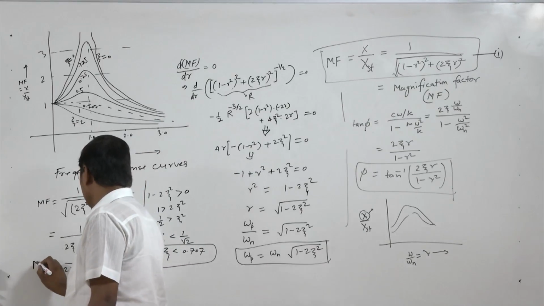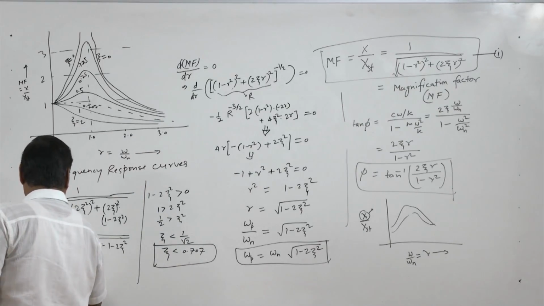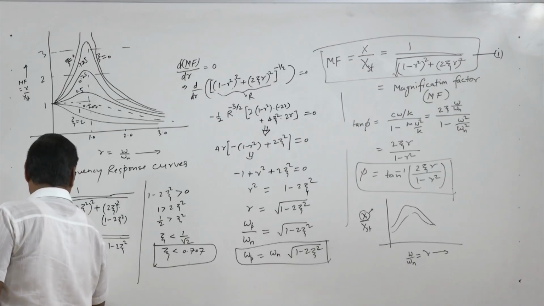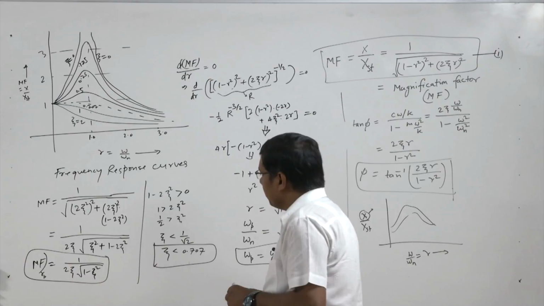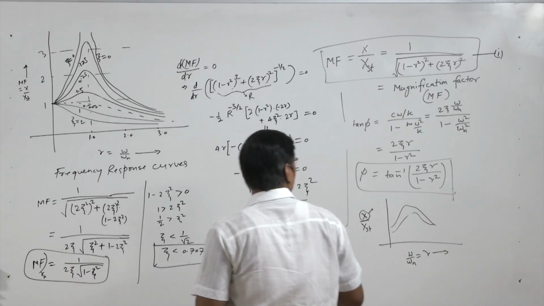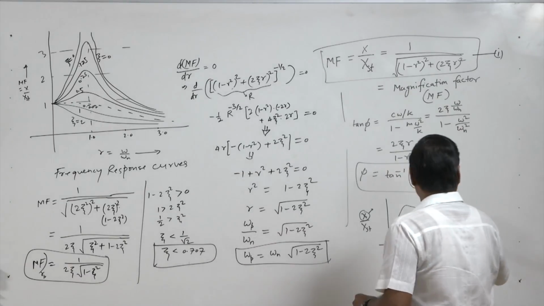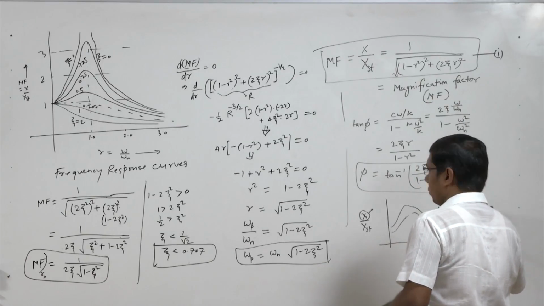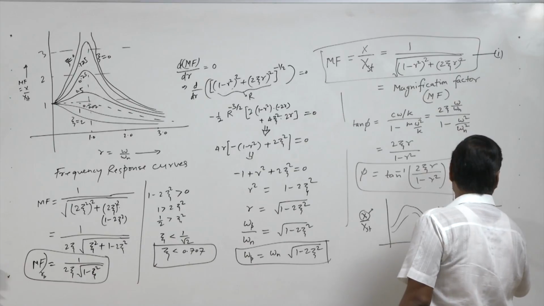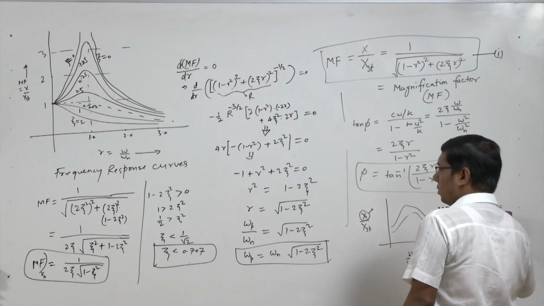Okay, so this is MF at R equal to RP. So peak equal to 1 by 2 zeta root 1 minus zeta square.